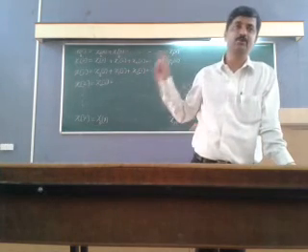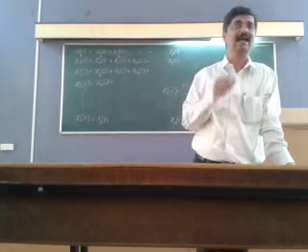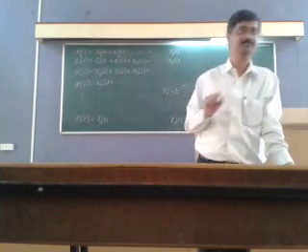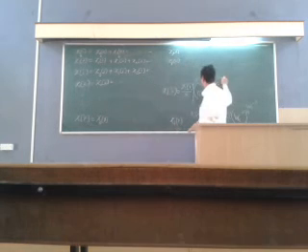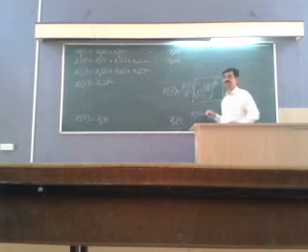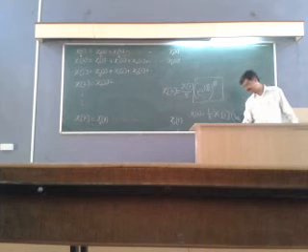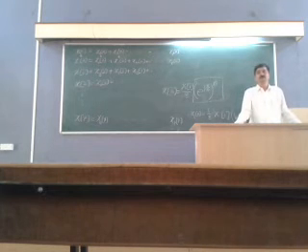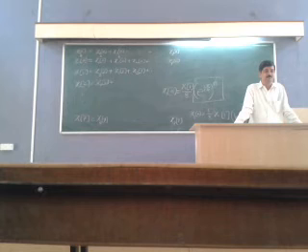Now, W8 raised to minus 1 happens to be e raised to j pi by 4, and that raised to n. So this particular thing is a phasor rotating at an angular discrete speed of pi by 4 per sample.